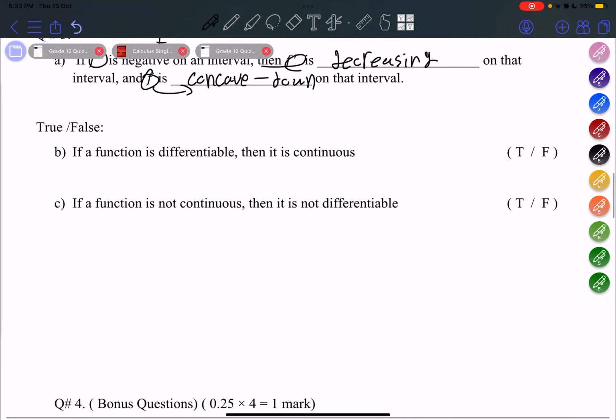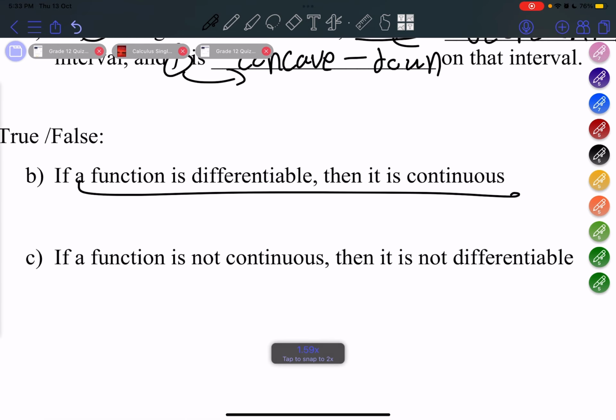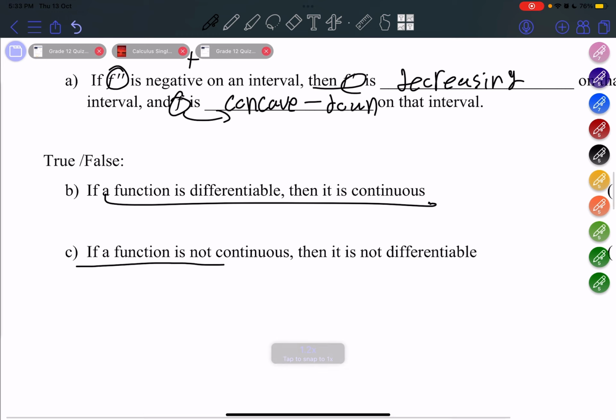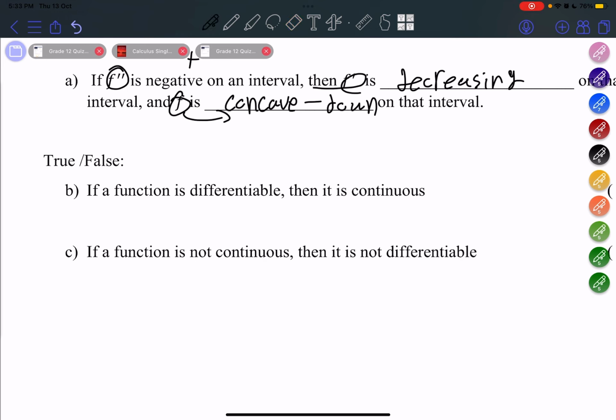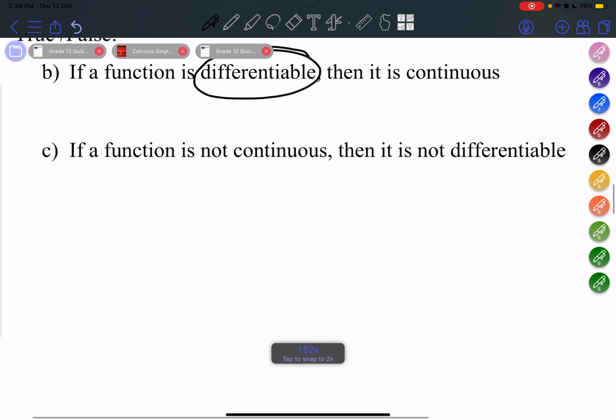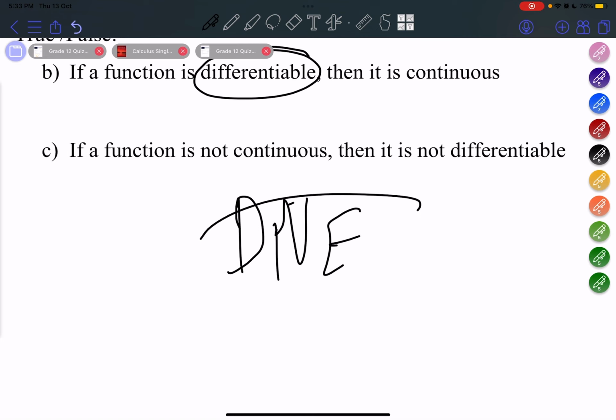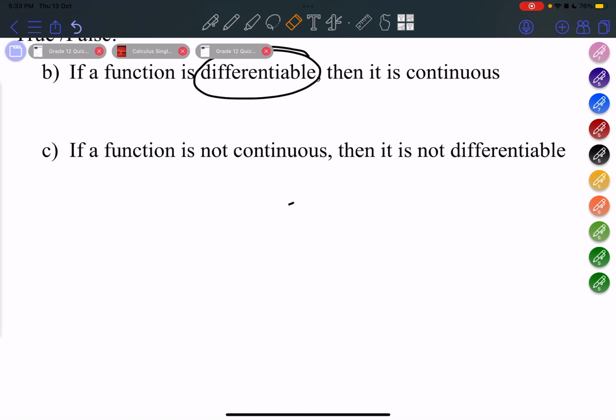Okay, here, if a function is differentiable, then it is continuous, and if a function is not continuous, then it is not differentiable. Let us remember and refresh what the rules are for an equation to be differentiable. Differentiable means you can go through the derivative steps without getting D N E, which is the same as value not found.